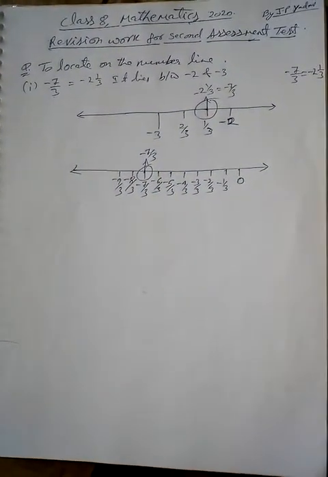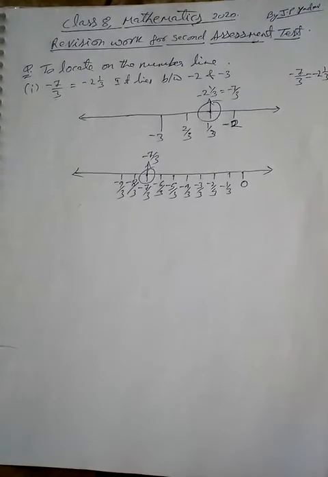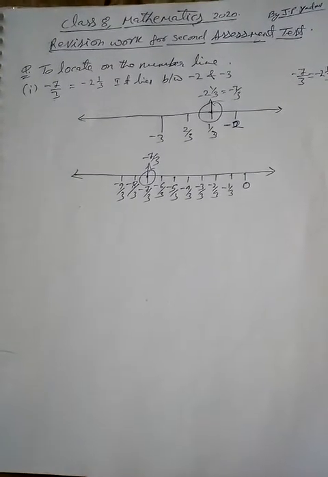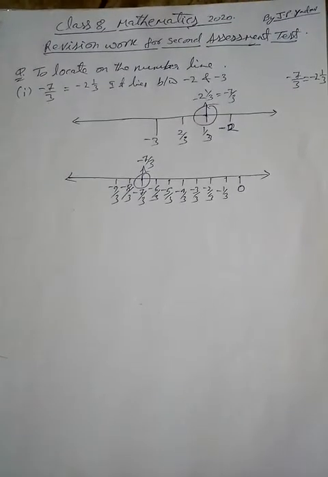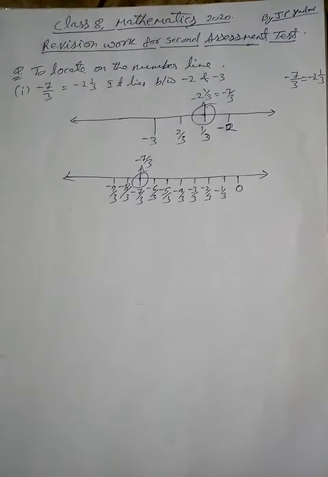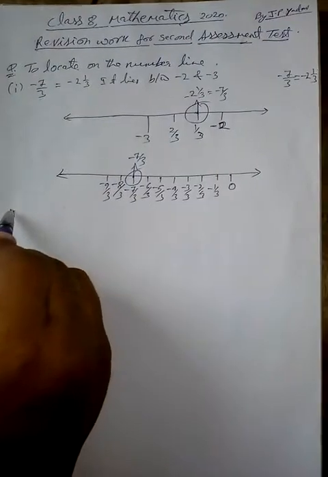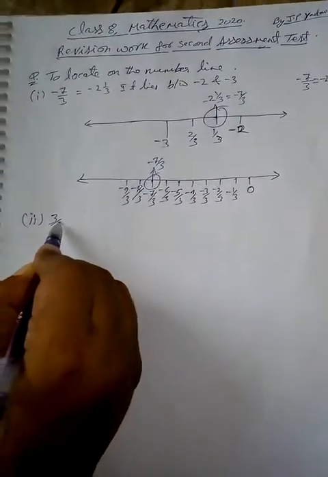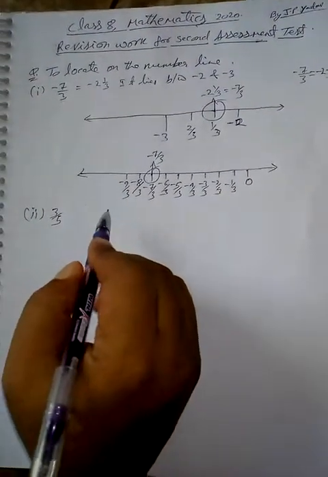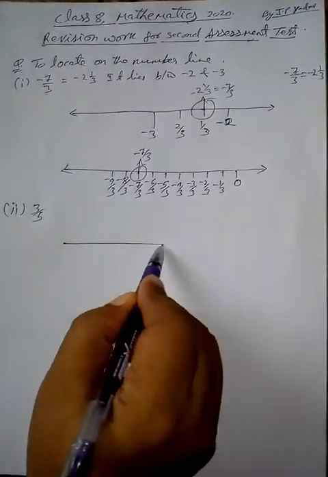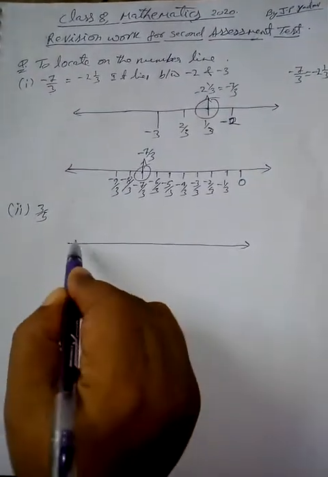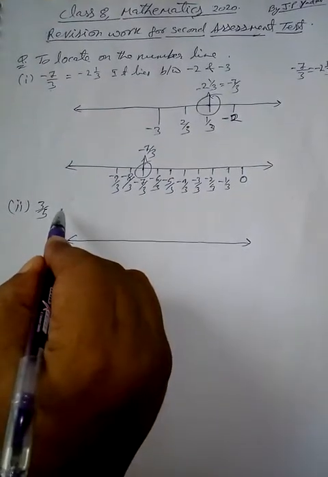Now, next question: if you have to locate, suppose, 3 by 5 on the number line, what should we do? Draw a number line. First check where it lies.